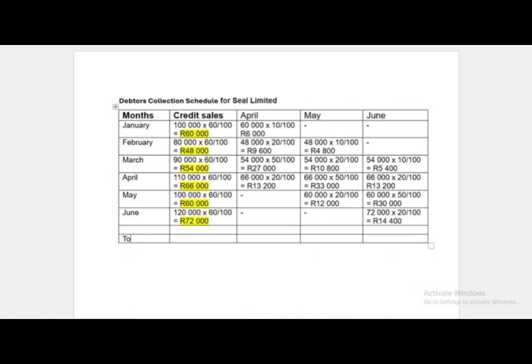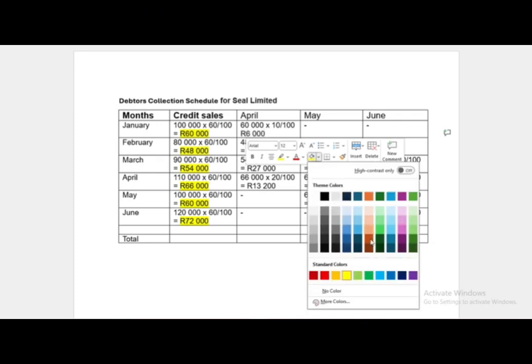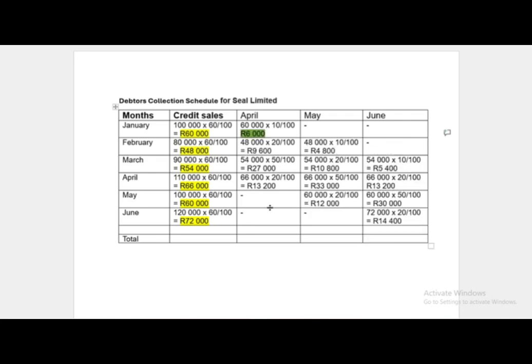The total of collection. So for the total of collection for April, we're going to add 6,000 plus 9,600, right?